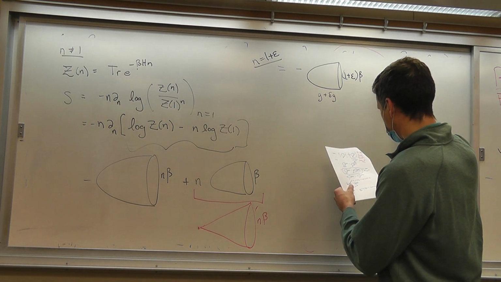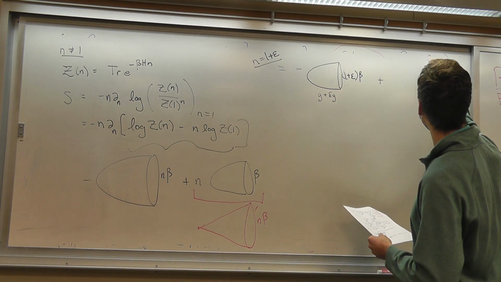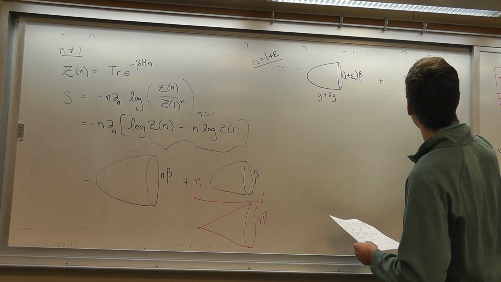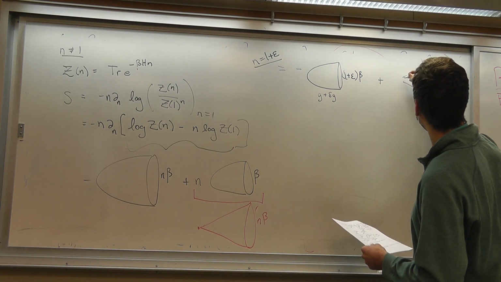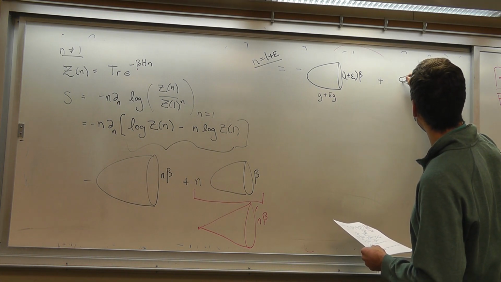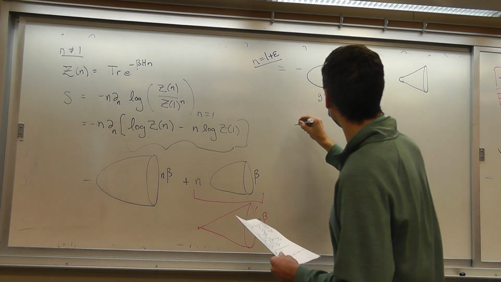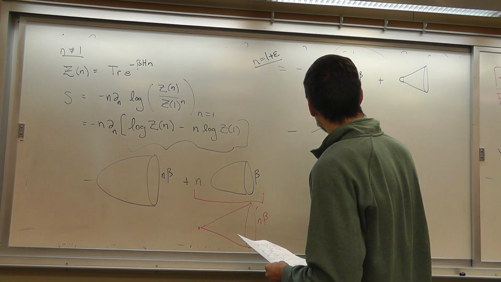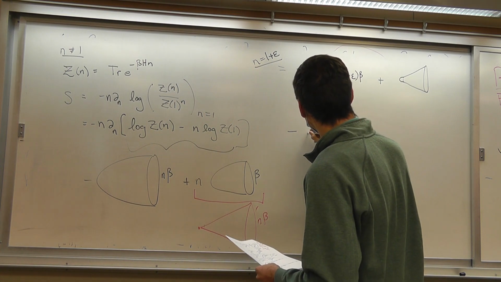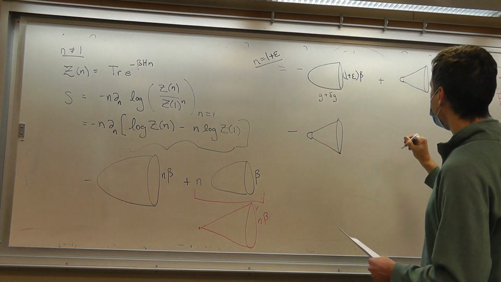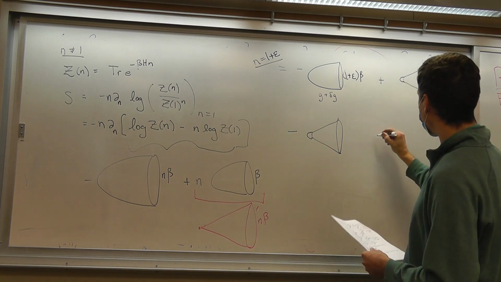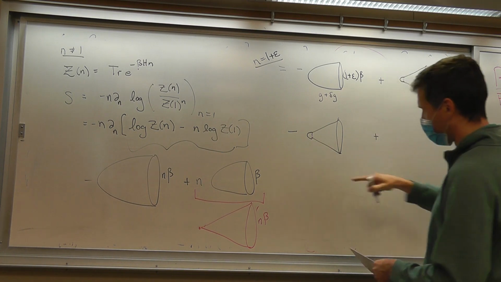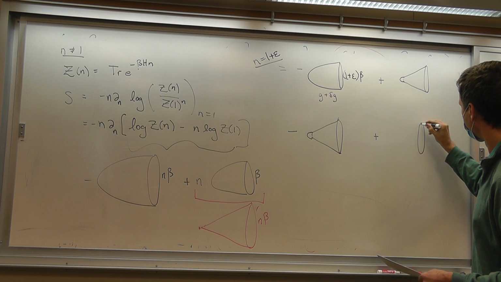Now I'm going to add to this a regulated cone. I'll come back to explain this in a minute. And then I'll subtract that same thing. Let me come back to that one. And then we have that last term there that's unchanged from before.